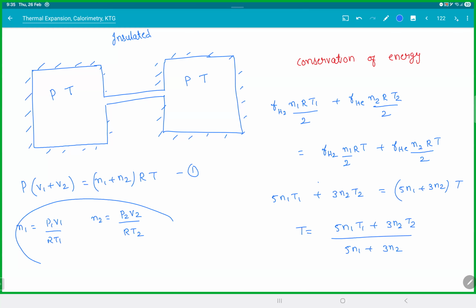You know N1 and N2 values, you can substitute there. You will get it. Yeah, I think that will come in terms of like 5 P1 V1 plus 3 P2 V2 by 5 P1 V1 by T1 plus 3 P2 V2 by T2. Yeah, it's a little lengthy. But clear with this?